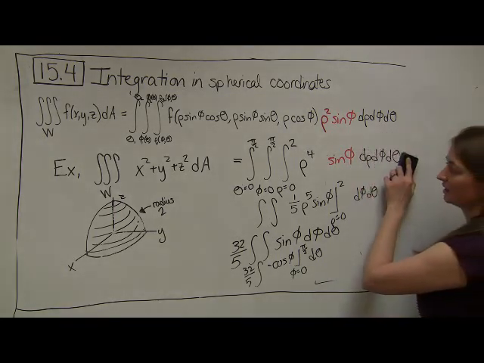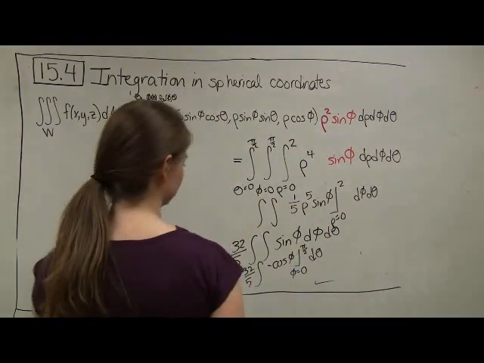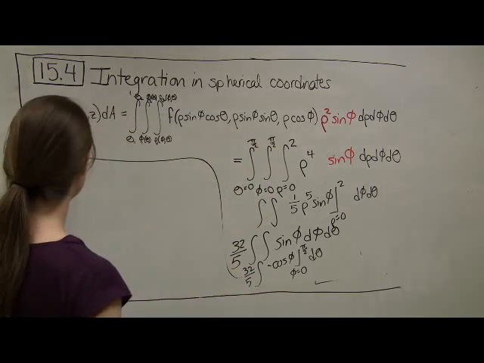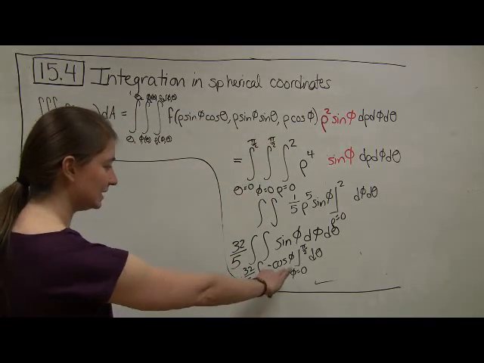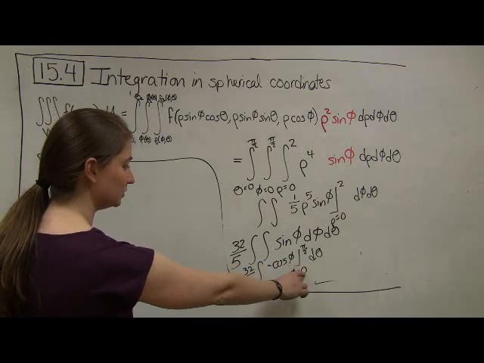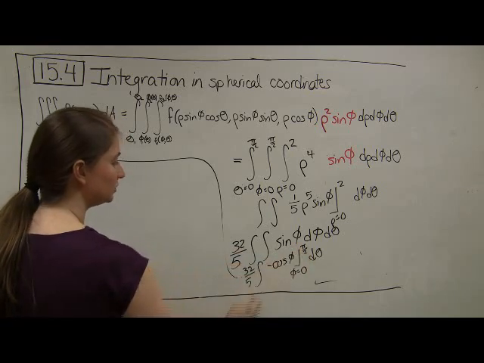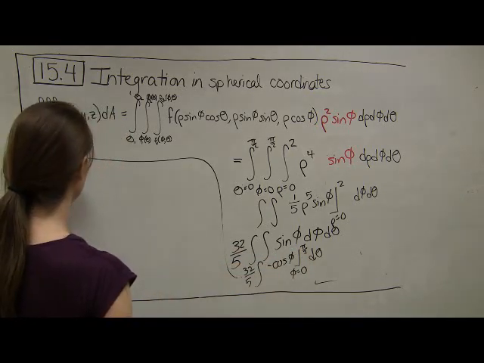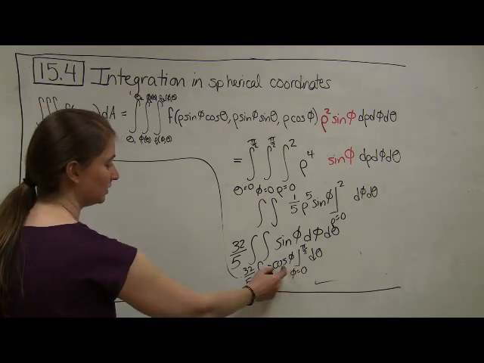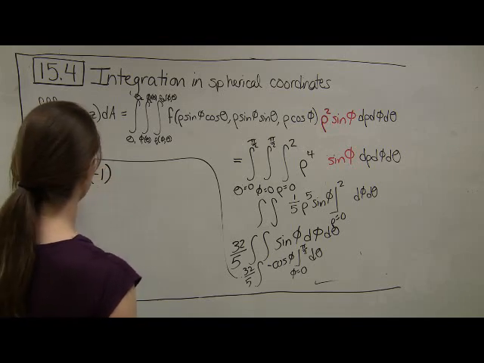I'm going to come over here to finish off. So what are we doing right now? I'm going to evaluate the cosine of phi as phi goes from pi over 2 to 0. The cosine of pi over 2 is 0. So I get 0 minus the cosine of 0 is 1, and the negative of that becomes negative 1.